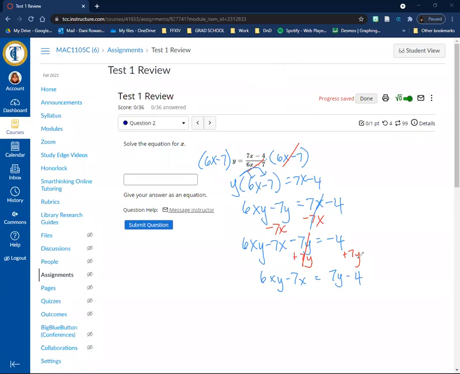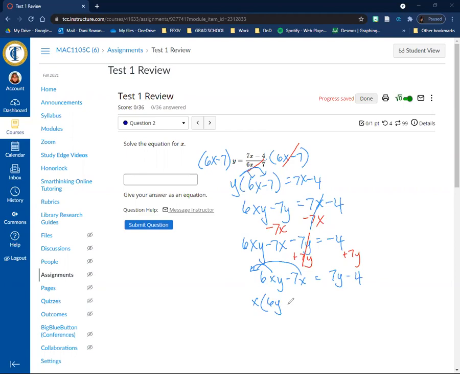So we're solving for x. This is where we tend to make the most mistakes. What should we do here? Factor out the x on the 6xy minus 7x. You got it. Yeah, this is where you factor out the x. So we're essentially doing the opposite of distribution.